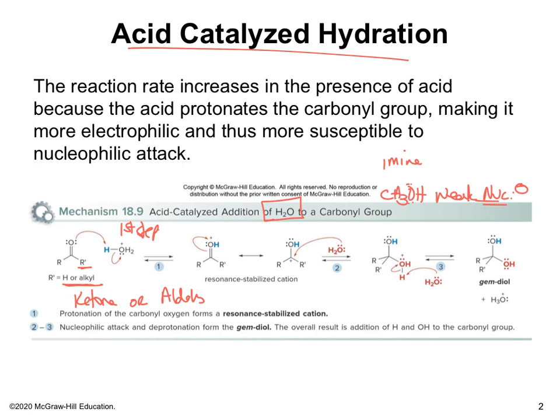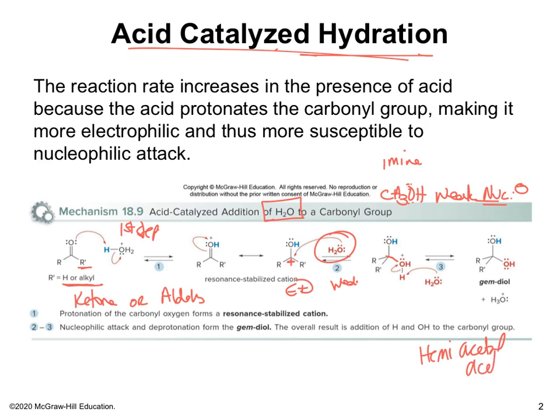And this makes the carbon of the carbonyl more electrophilic. And then, of course, your weak nucleophile can come in and form a carbon-oxygen bond here, and then you deprotonate.